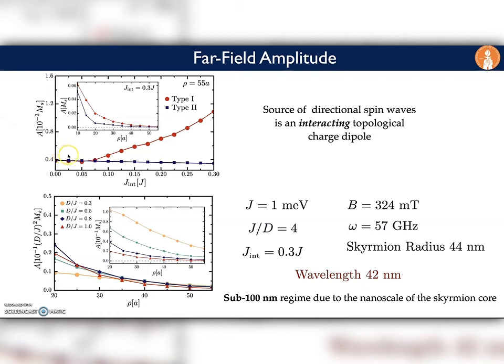For a bilayer of opposite charges, the amplitude grows linearly, indicating that the source is indeed an interacting charged dipole and that the interlayer coupling could be an excellent mechanism to tune the amplitude. For a pair of the same charges, the amplitude shows a very weak dependence, suggesting that even when the layers interact, the spin waves remain unaffected.